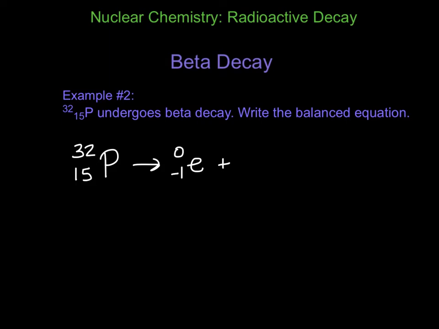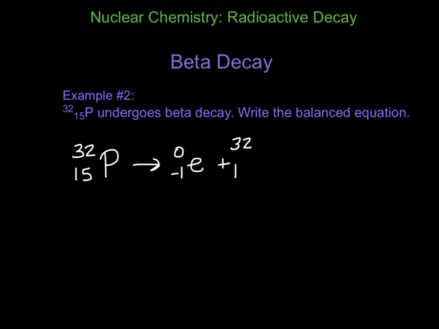And since my beta particle has an atomic mass of 0, the atomic mass on whatever this newly formed element is going to be needs to be 32. And I have 15 on my reactant side, but I have -1 over here. So this number -1 actually needs to be 15, which is a little different from our beta decay.